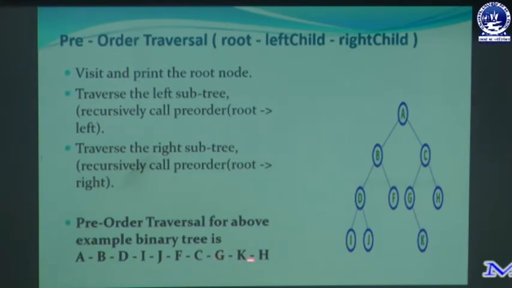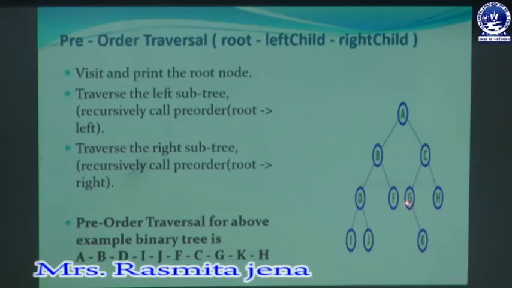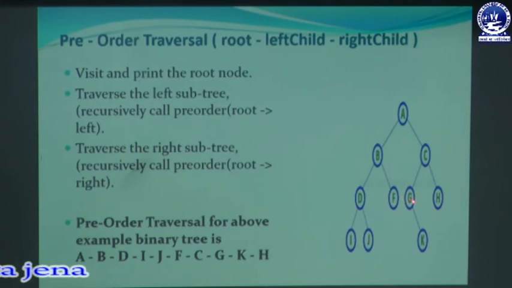After visiting G, we again go for the left subtree, as we are recursively traversing based on the pre-order traversal, and when we go for the left subtree, there is no node. So then we go for the right subtree, because we have already visited the root node as per our pre-order steps. So after G, we visit the node K, and when we visit the node K, all the nodes present at the left subtree for the root node C are visited.